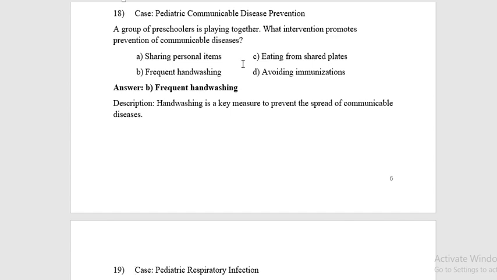C, eating from shared plates. D, avoiding immunization. B is the correct answer, frequent hand washing. Hand washing is a key measure to prevent the spread of communicable disease. To minimize the spread of communicable disease, we should wash our hands frequently.